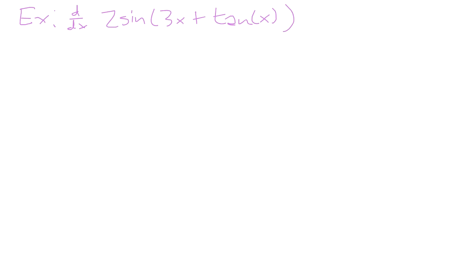So now let's look at this and see what our inner and outer functions are going to be. We can see that we have this sine that's around a big thing, so we can let sine be our outer function.